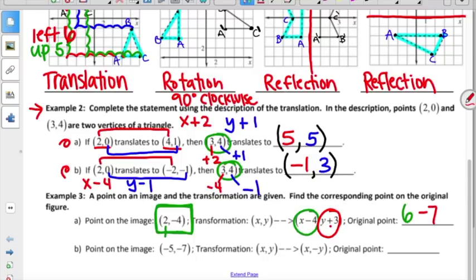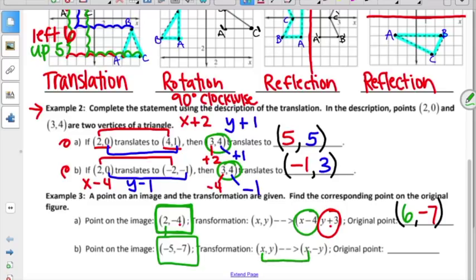So let's do the second one. A point on the image, so our end result is negative 5, negative 7. If you look at our transformation rule, x comma y transformed to x comma negative y. So x stayed the same. So if x is negative 5 and it stayed the same, well, it was negative 5 to begin with. And then y became its opposite. It says negative y, which you think of as opposite y.